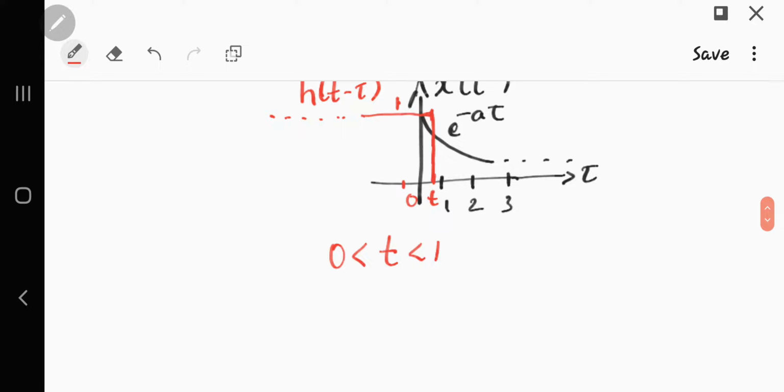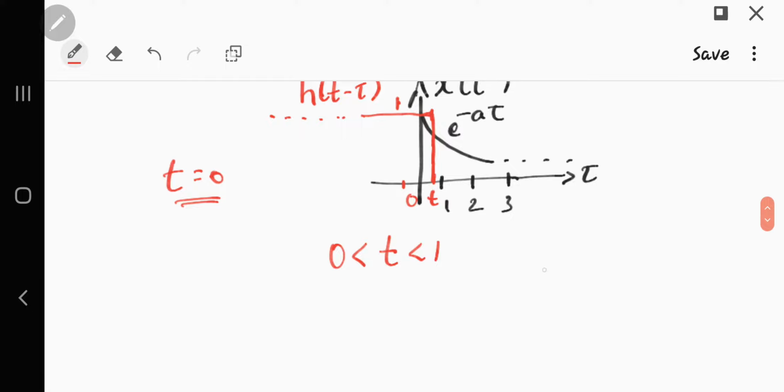Now you can see it is overlapping. Why can't we just keep it exactly on 0? You can do that. That will give you one more case, when t is equal to 0, and there will be just one point of overlapping, 1 into e power minus a tau, you will get e power minus a tau only to integrate.